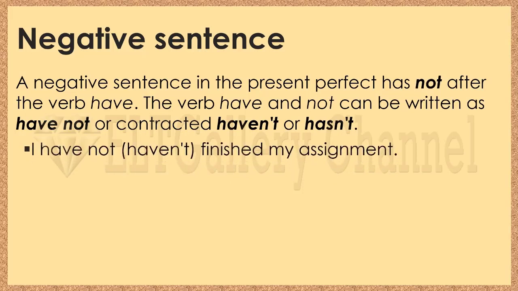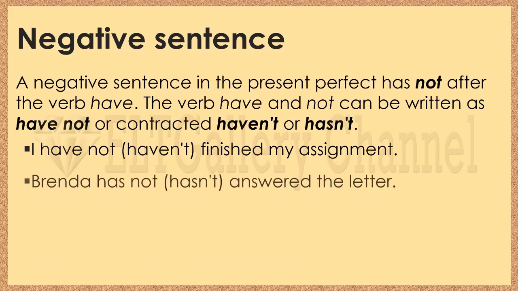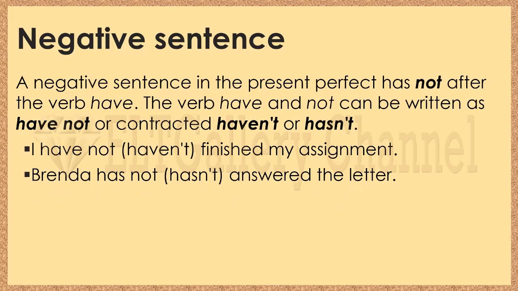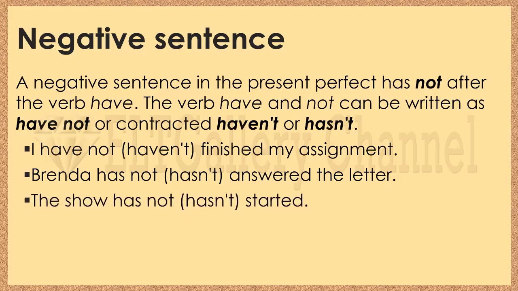For example, for a sentence in the negative, we have I have not finished my assignment or I haven't finished my assignment. Brenda has not answered the letter. Or we can also say Brenda hasn't answered the letter. So both are the same. The show has not started.